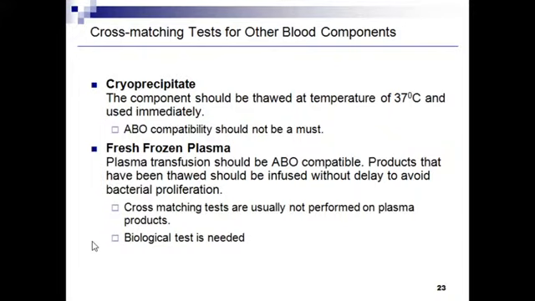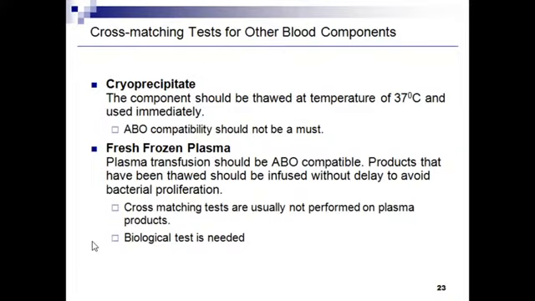Cryoprecipitate. The component should be thawed at a temperature of 37 degrees and used immediately. ABO compatibility is not a must because thrombocytes do not have any antigens critical for the recipient's immune system. Fresh frozen plasma transfusion should be ABO compatible.